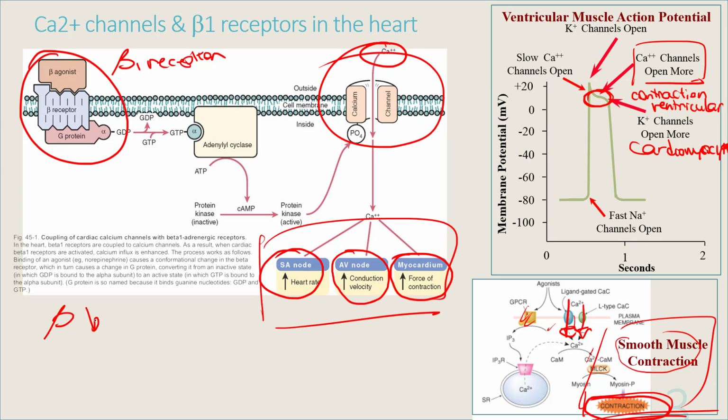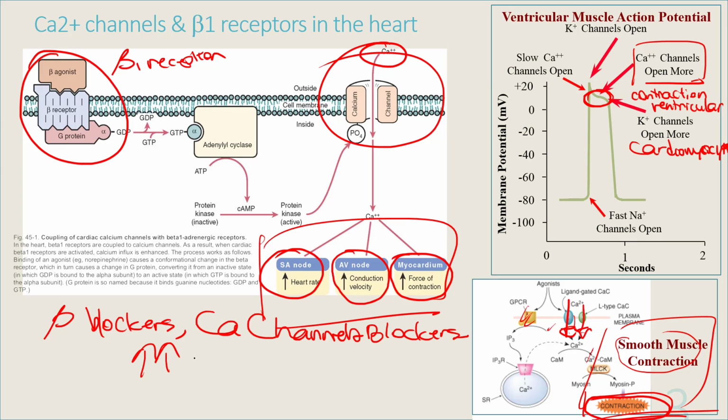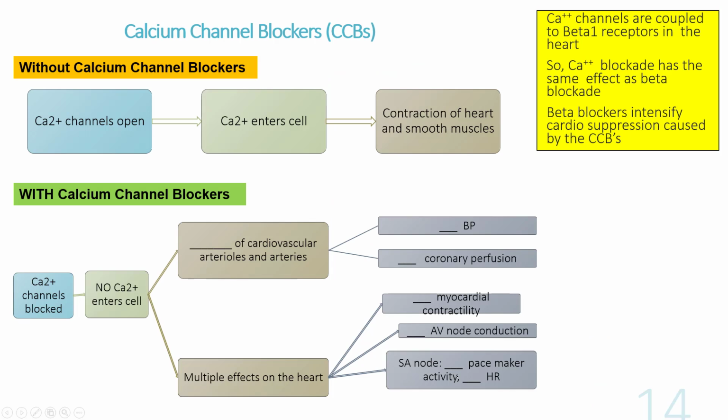If you give someone beta blockers and you give someone calcium channel blockers, it may actually increase the therapeutic effects, but also can lead to an increase in the adverse effects, right? Because it works via the same pathway.